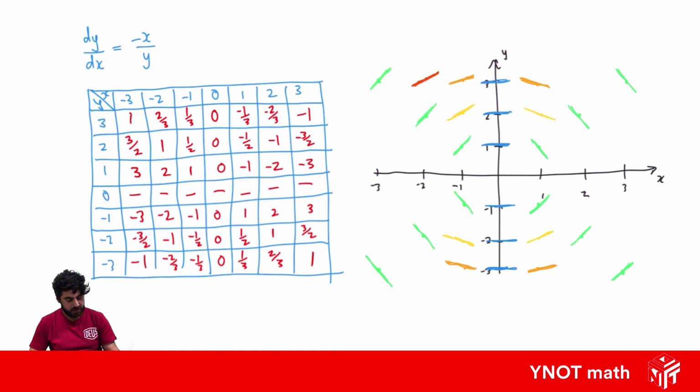Another -2/3 at -2, -3. So somewhere down here. Another 2/3 at 2 and -3. And another -2/3 at 2, 3.